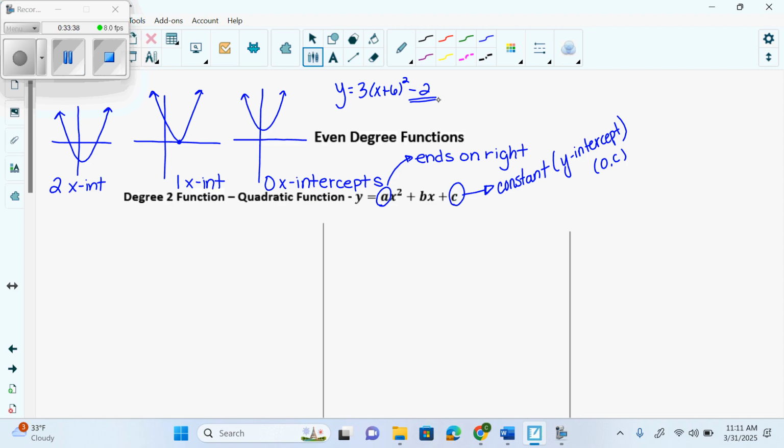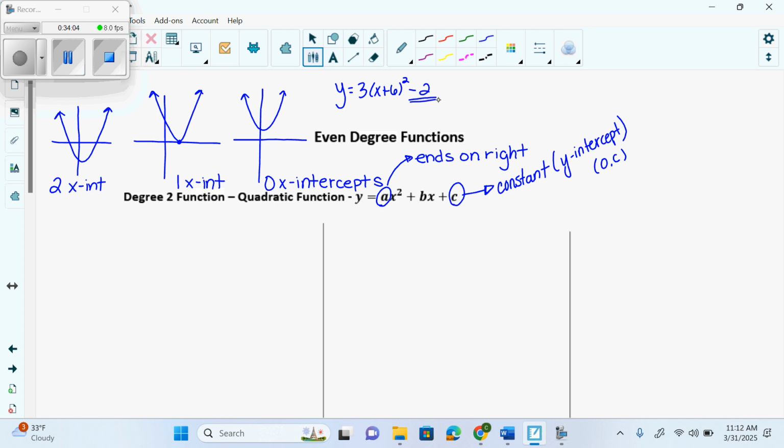You would have to FOIL this out first, rewriting it twice, distribute the 3 in, and then move it over in order to get your y-intercept. Or we plug a 0 in here and we get 3 times 36 minus 2. It's not 0 at all. It's not the negative 2 at all, right? So keeping in mind, in order for your constant to be the y-intercept, your equation can't have brackets. You see that? A lot of people on tests will say, oh, the y-intercept is this, and it has a bracket in it. And I'm like, no, it's not.